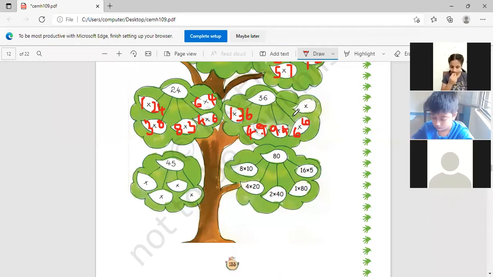Okay, so you get it in the 6 table also. Now one more. 36 ones are 36, you can take. So you got 1 times 36, 36 times 1, 4 times 9, 9 times 4, and 6 times 6.